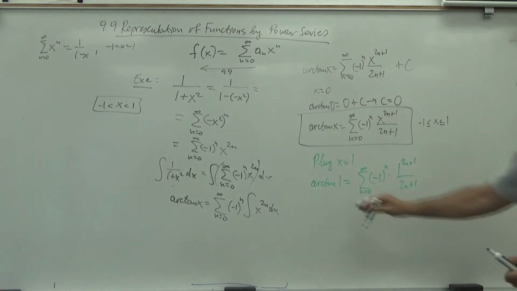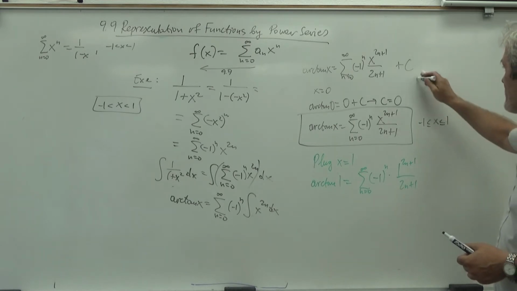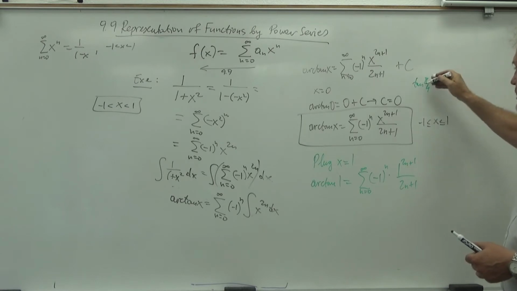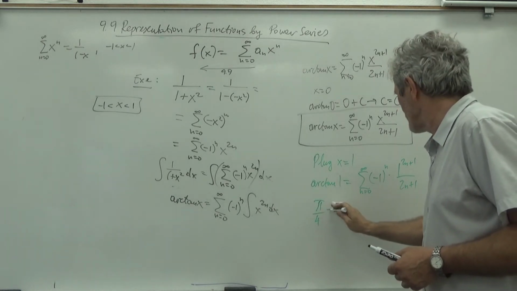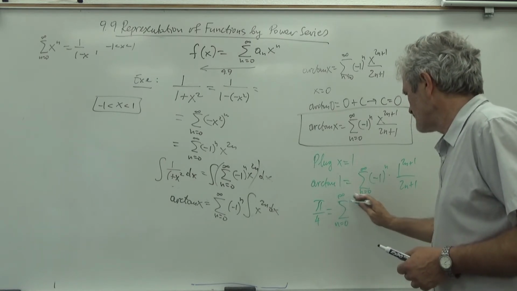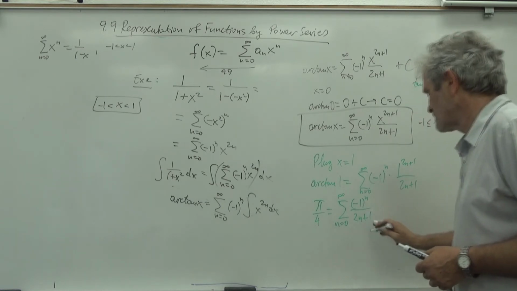Since this is 1, but arctan of 1 is pi over 4, because the tangent of pi over 4 is 1. So arctan of 1 is pi over 4. So we get actually the following, that pi over 4 is the sum n goes 0 to infinity, negative 1 to the n over 2n plus 1.